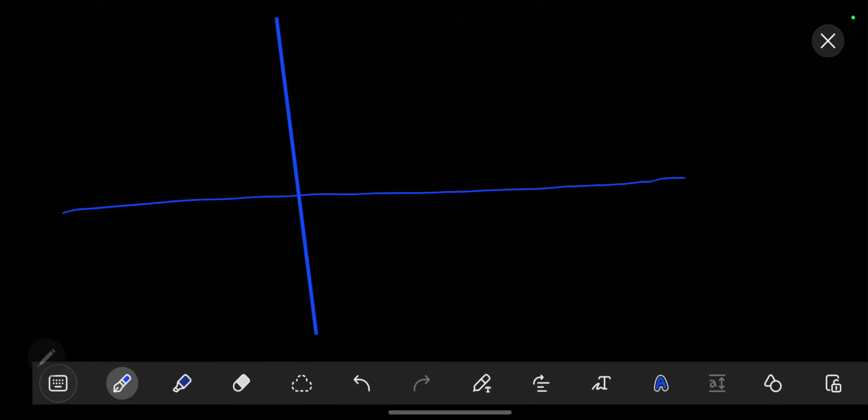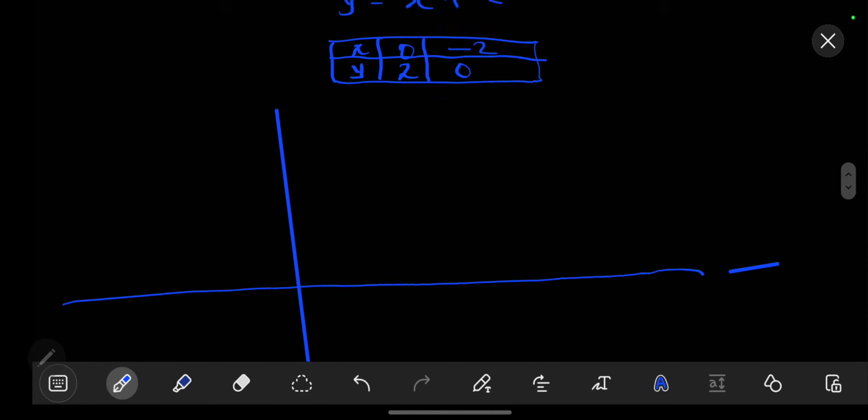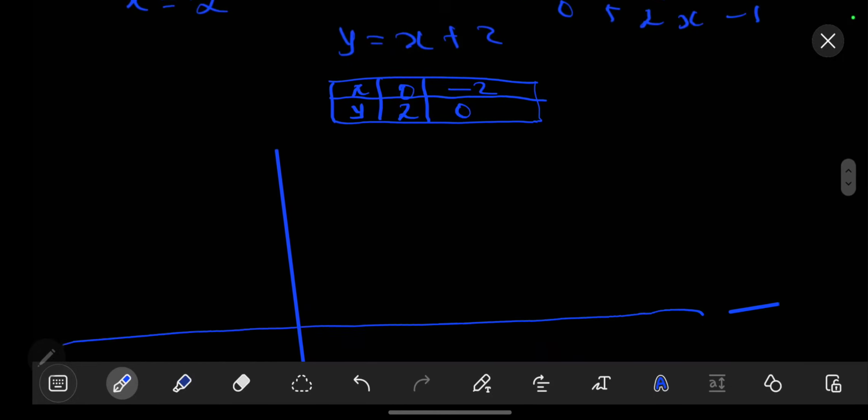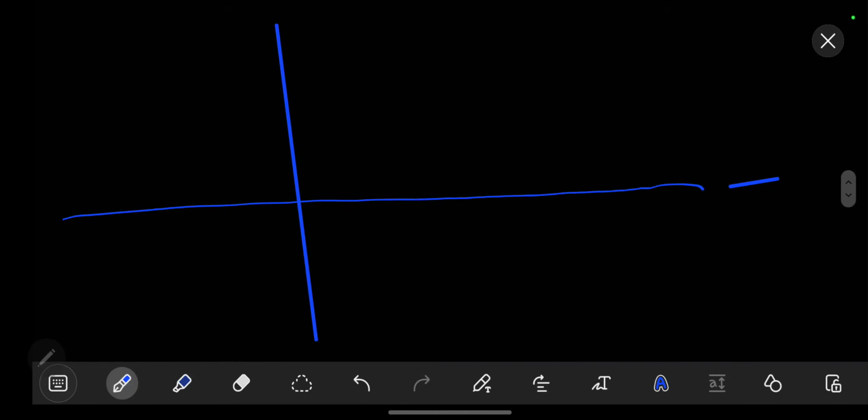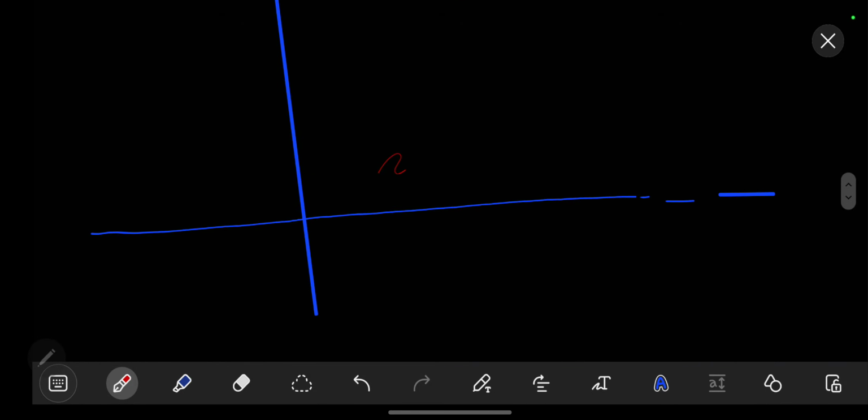So our asymptote is at x is equal to 2. So we are going to put that one. So let's approximate that x is equal to 2 at this point. So that is what we have there.